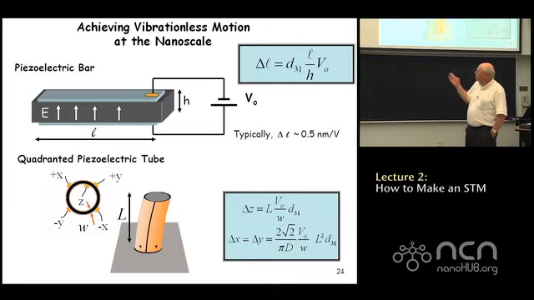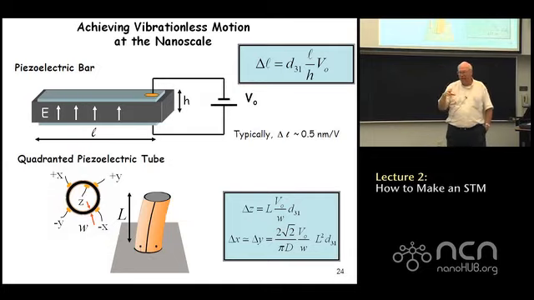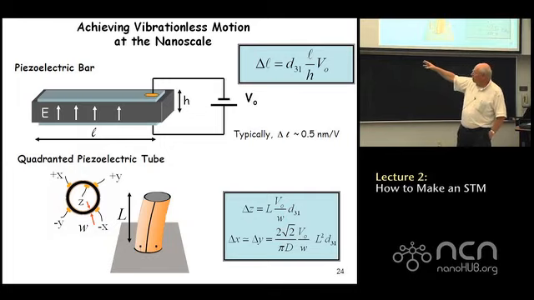These piezoelectric bars were quickly replaced by quadranted piezoelectric tubes. These tubes are probably used in 90% of all the microscopes on the market today, right? The scanning capabilities of the microscope are achieved by putting voltages on various quadrants of this piezoelectric tube.